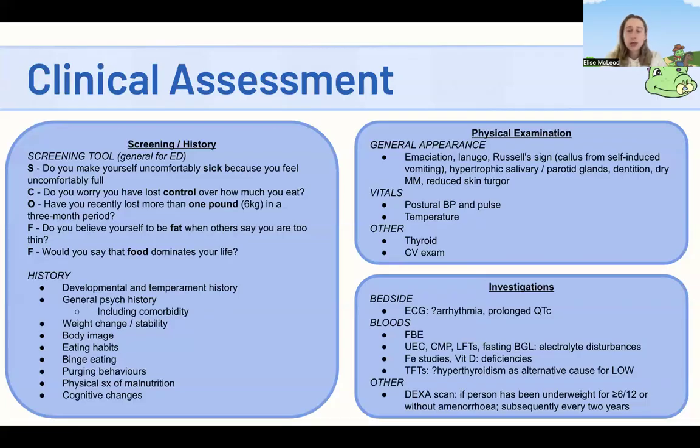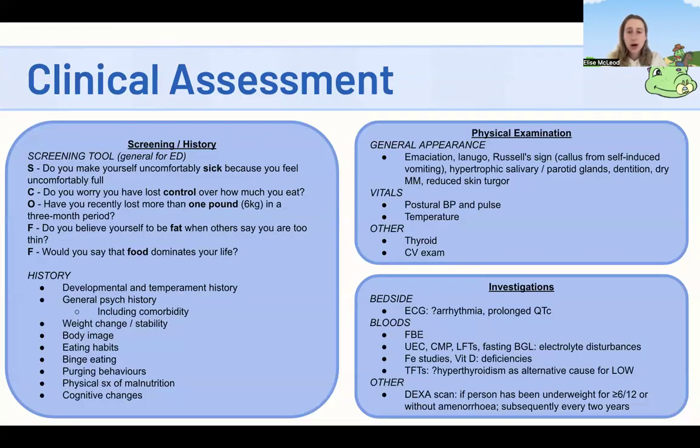Russell sign is more specific to bulimia or the purging subtype of anorexia, where the young person has calluses on their knuckles from self-induced vomiting and some other signs noted there. Looking at postural BP and pulse is really important as well because some of these looking at vital signs is really important in deciding if a young person needs to attend hospital for their eating disorder.